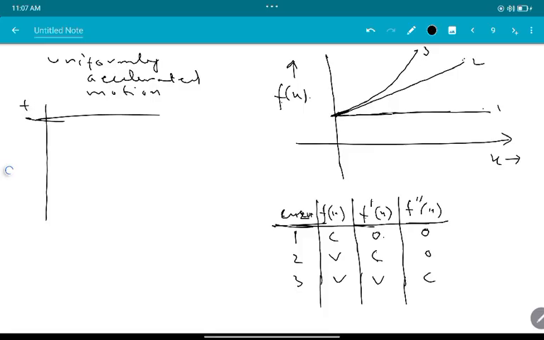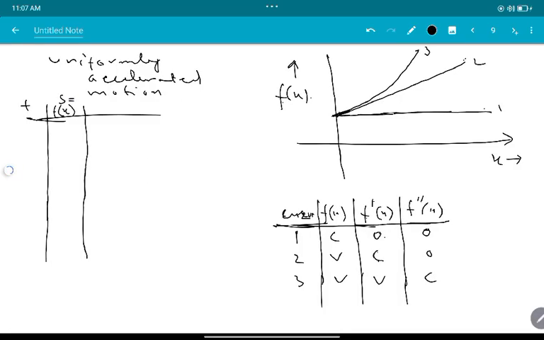In this table I am showing you different instants of time, and in this column I am showing you distance, what I call f(t), f(x), where x means t. Distance is equal to f(x). Now in this column I will show you velocity.